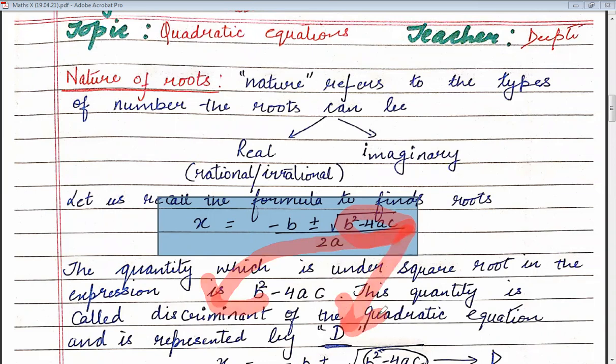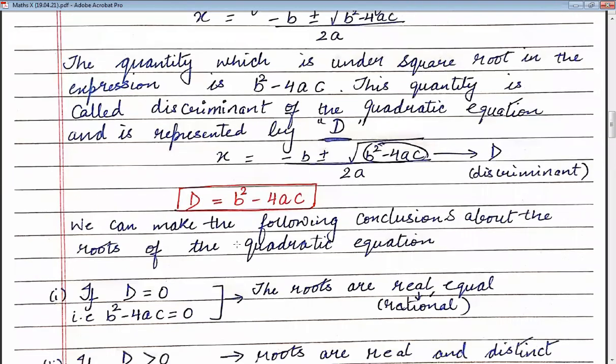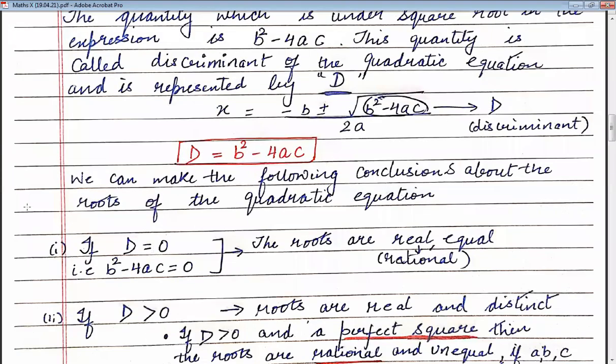Now children, why I am focusing on only this part? Because this is the quantity which is going to tell about the nature of the root. Okay, now let's see how it is going to tell. Now children, whenever you have this discriminant, that is b square minus 4ac, equal to 0.